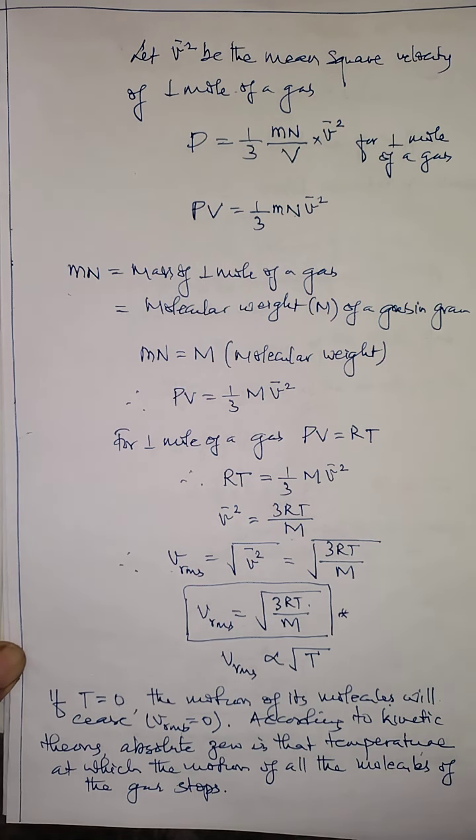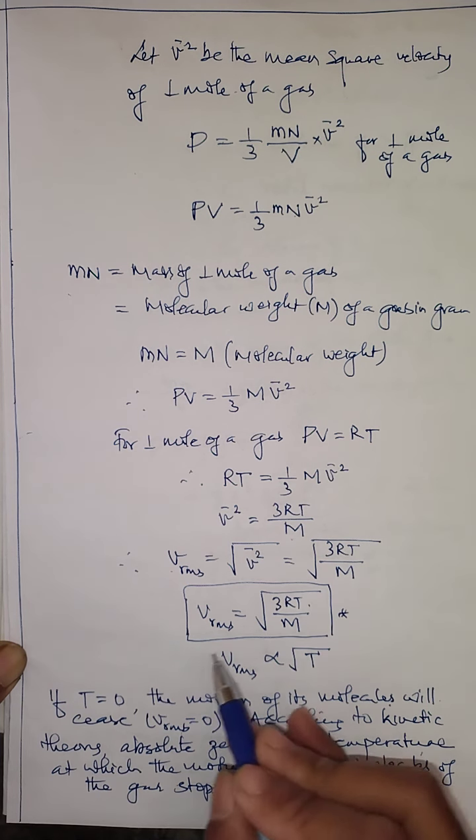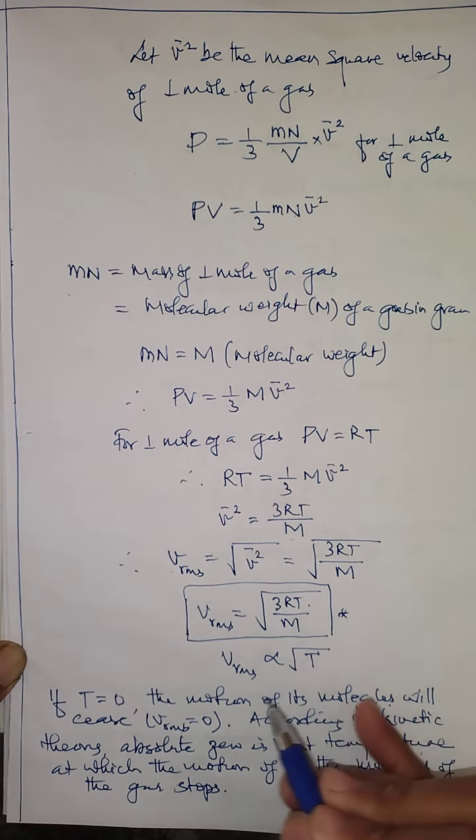Absolute temperature is a temperature which can never be negative. Absolute 0 means the lowest temperature, 0 Kelvin, and the temperature cannot go lower than that. That means absolute temperature can never be negative. That's why the RMS speed can never be negative.